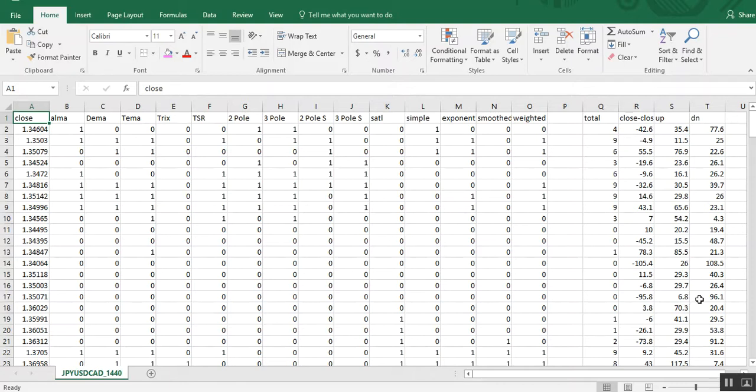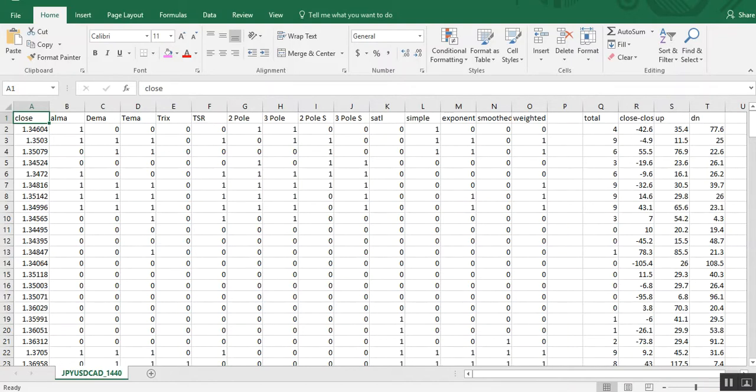Okay, the reason for this, like I said, let me better explain it. What I do is I color code them immensely. Let's look at this one. What is this? Euro JPY.